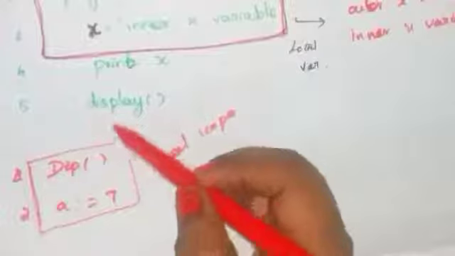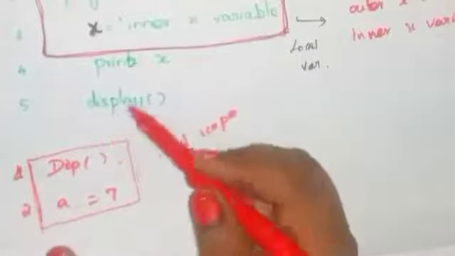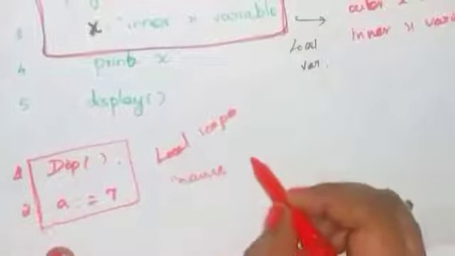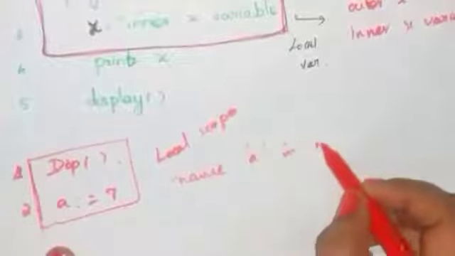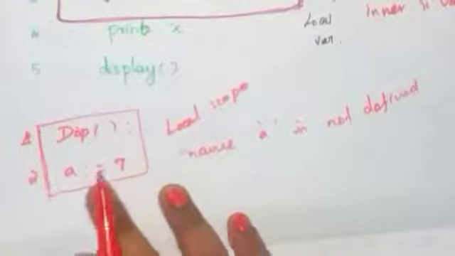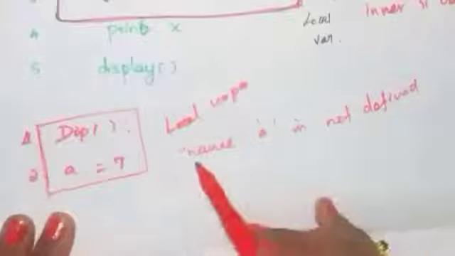If you try to display this variable outside of this scope, which means outside the function, it will show an error message: a is not defined. So when you try to display the value of a outside of a function, this program shows the error message. I hope now you clearly understand this concept.